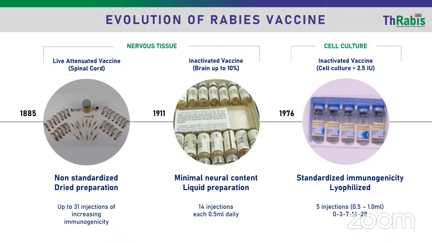The evolution of rabies vaccine: Pasteur first developed the live attenuated rabies vaccines. However, this vaccine had various adverse effects, such as neurological disorders and sometimes death.